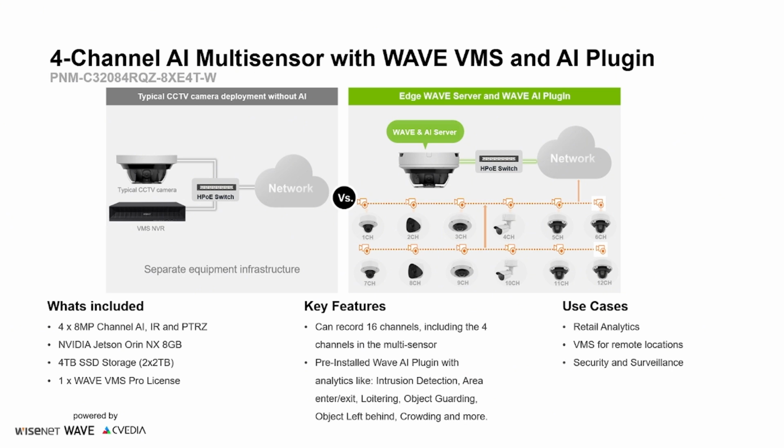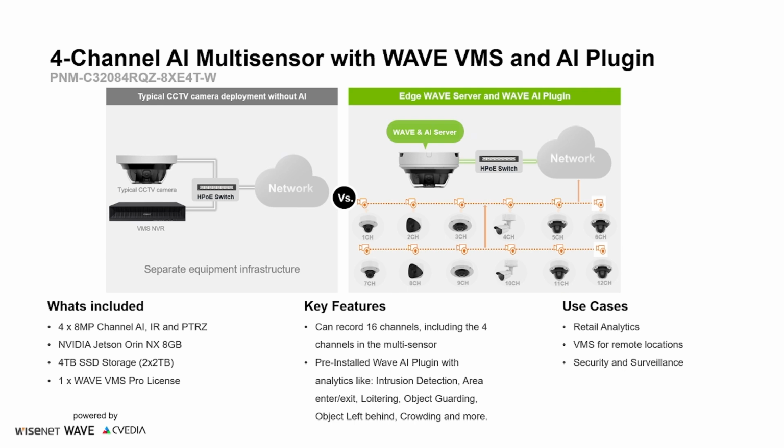So we can take up to 12 additional channels, the 4 on the camera itself, and 12 additional video streams. They can be single channel cameras like shown here. You could add other multi-sensors to it. It's just going to be an additional 12 channels of video.